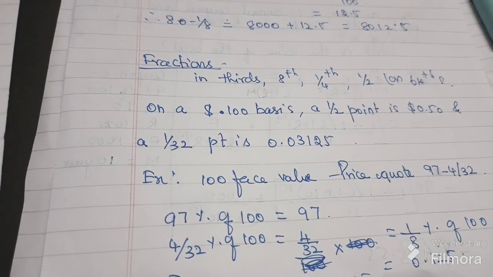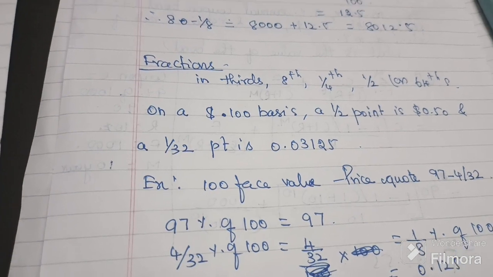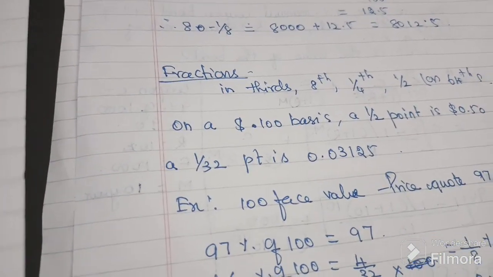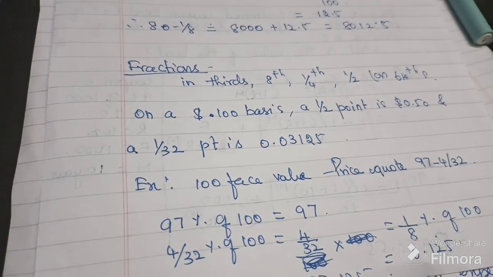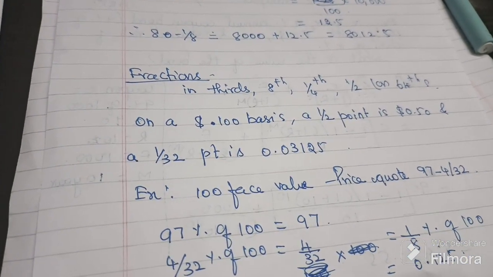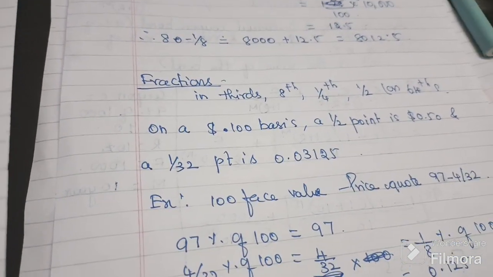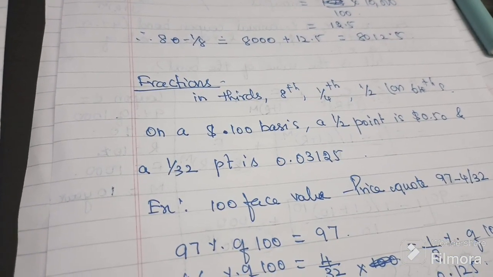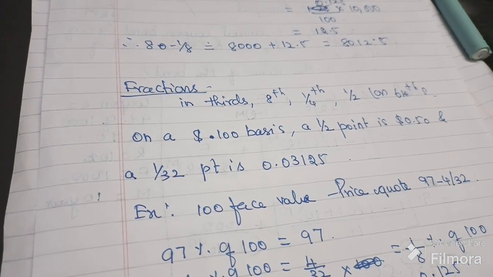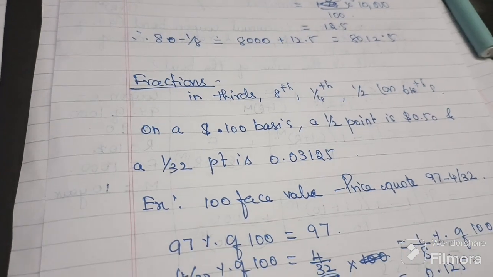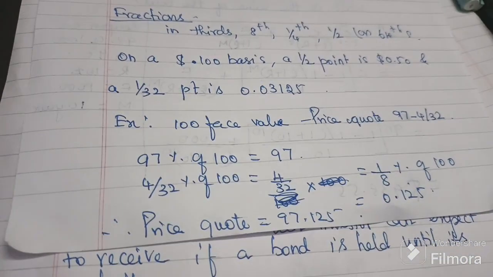So for example, on a 100 basis, a half point is 0.50 and 1/32 point is 0.03125. So I'll give you an example.